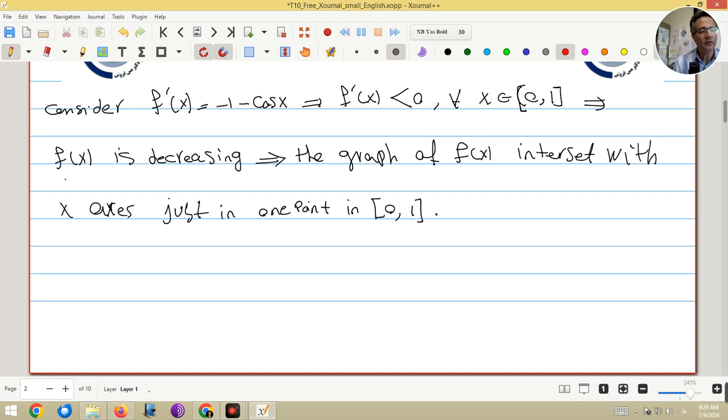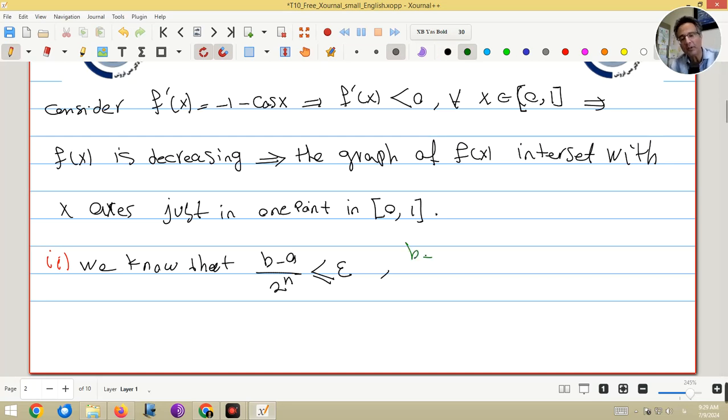For the second part, it's very, very easy. We know that (b - a)/2^n should be less than or equal to epsilon. Here b is equal to 1, a is equal to 0, and epsilon is 1/2 times 10 to the power of minus 4.